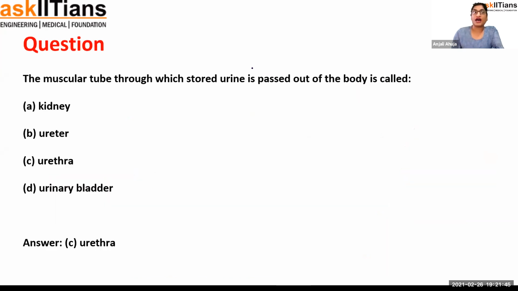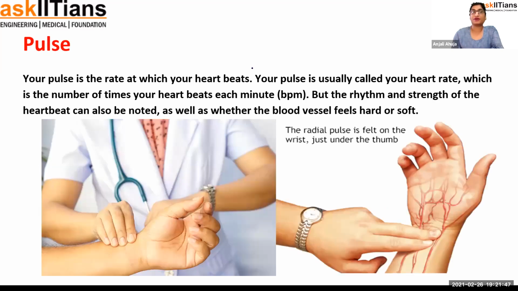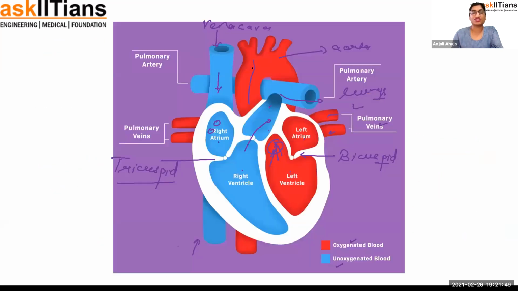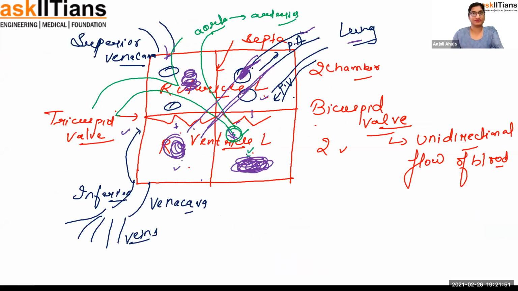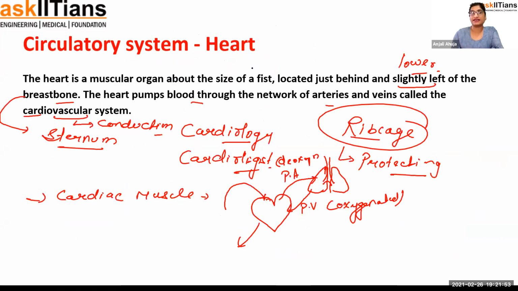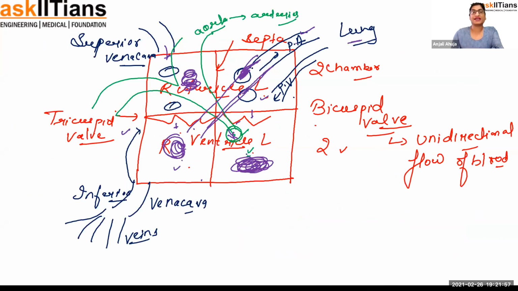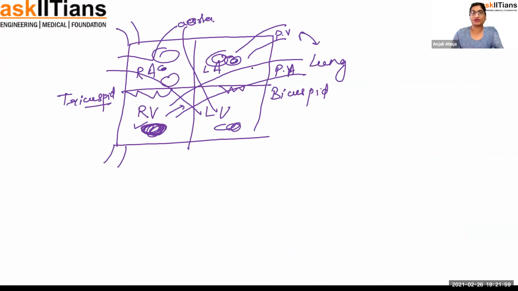I suppose now this is really very clear to you. Now we will be practicing some questions, but before that, I'm going to make a quick revision, because I think you need a revision on that. So I will directly start from the heart. Basic information is not required, but it has two auricles and two ventricles.